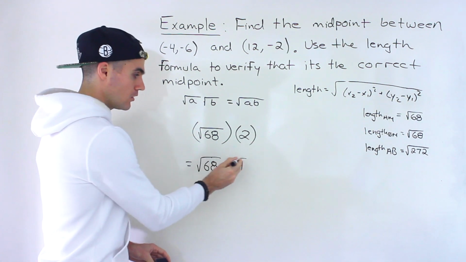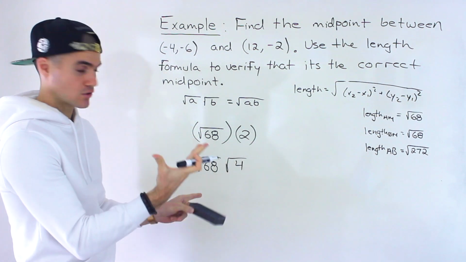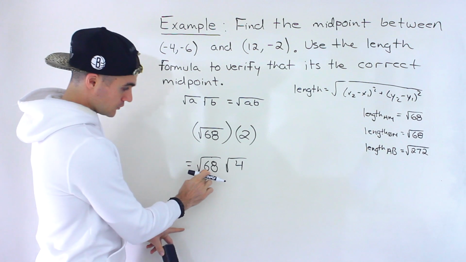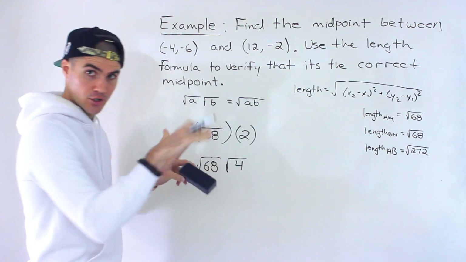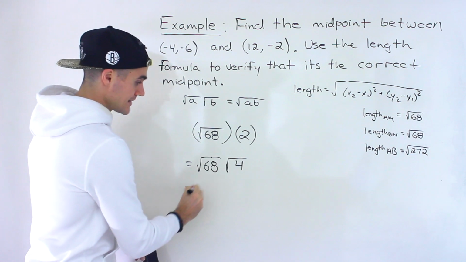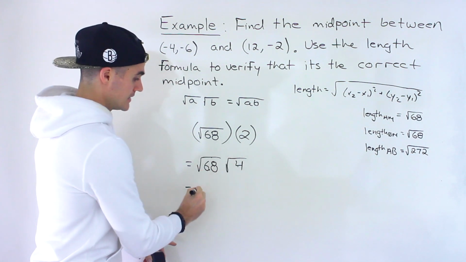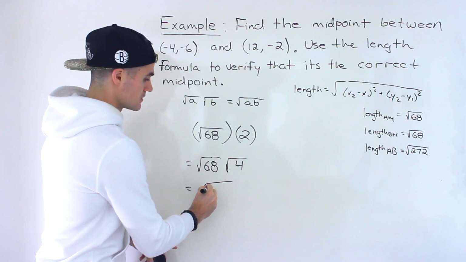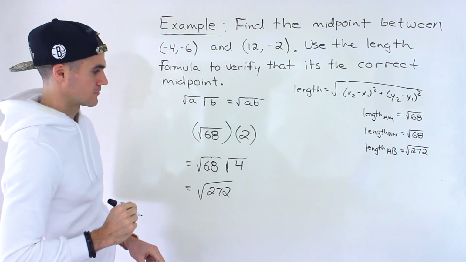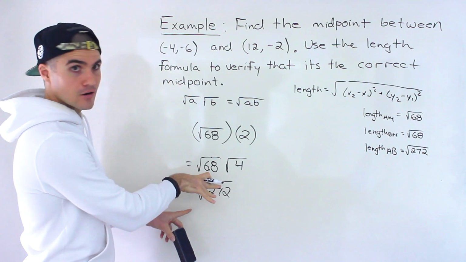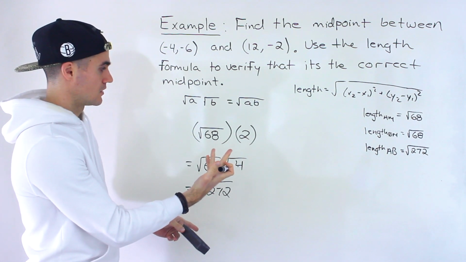And now that we're multiplying two square root terms, we can multiply the two values under the square roots together. And 68 times 4 does indeed give us 272. Okay, so that there is how you can show it, right?